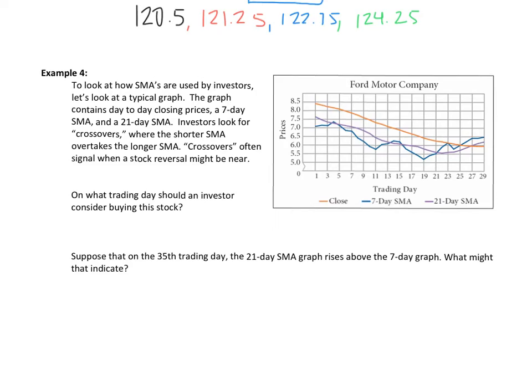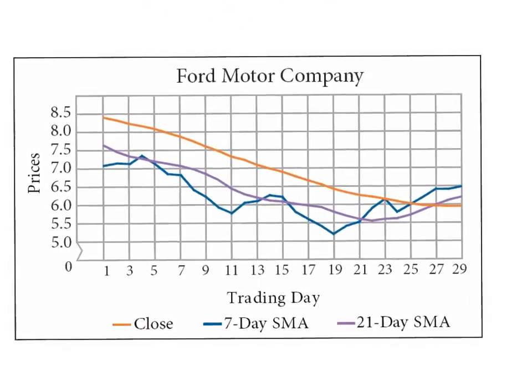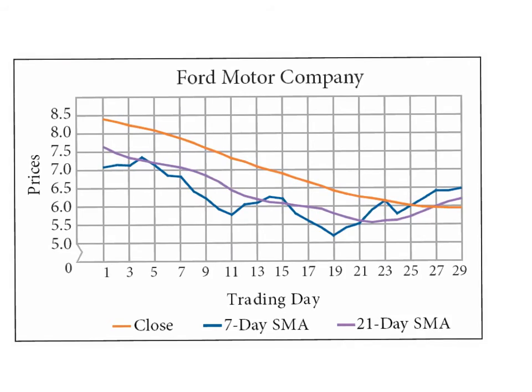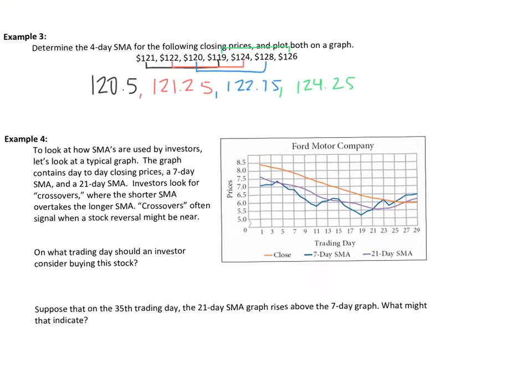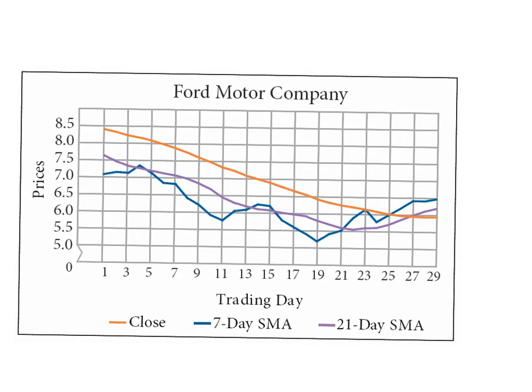So what I mean by that, now let's zoom in here. What do I mean by that? When you have a shorter simple moving average go above a longer moving average, that is the time to buy. So that's just a rule of thumb that investors use.